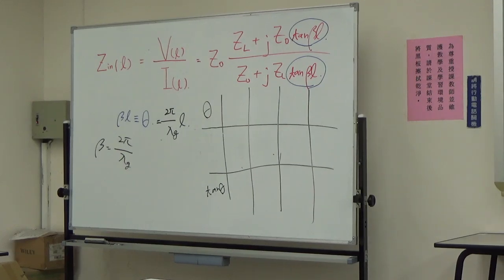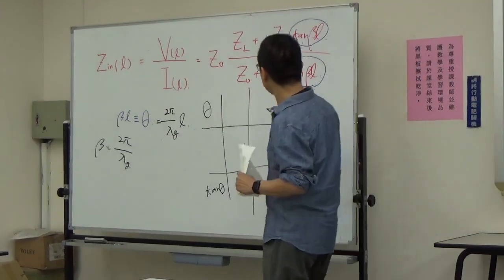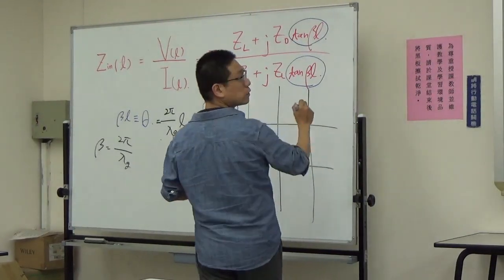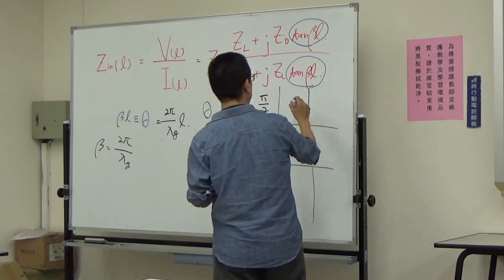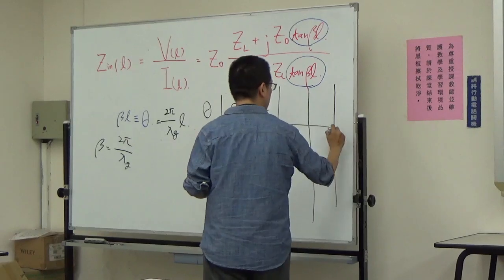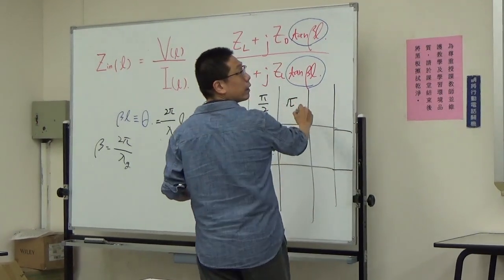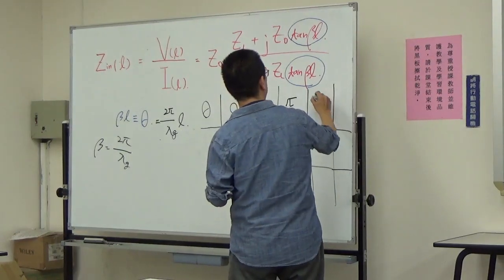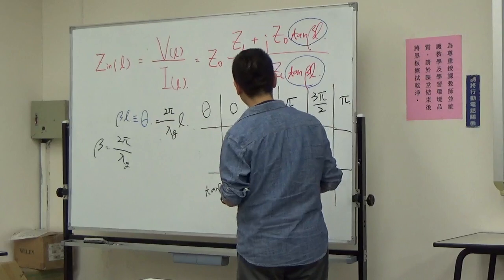Okay, and let me write down. So theta it is 0, pi over 2, pi, 3 pi over 2, and 2 pi.